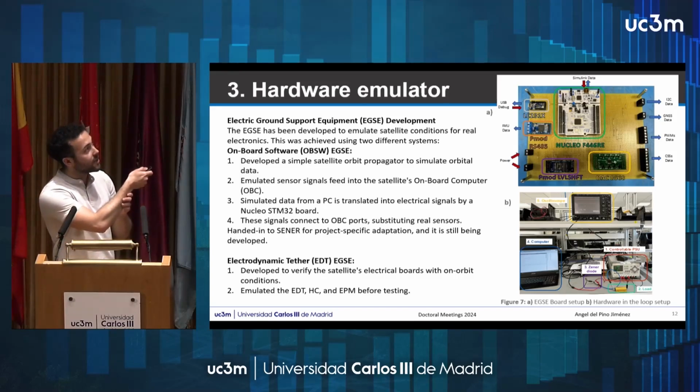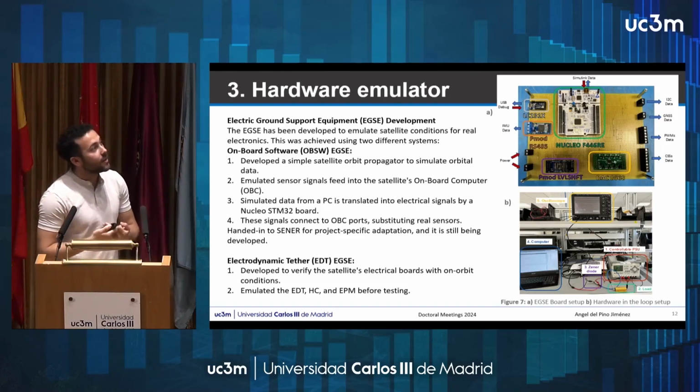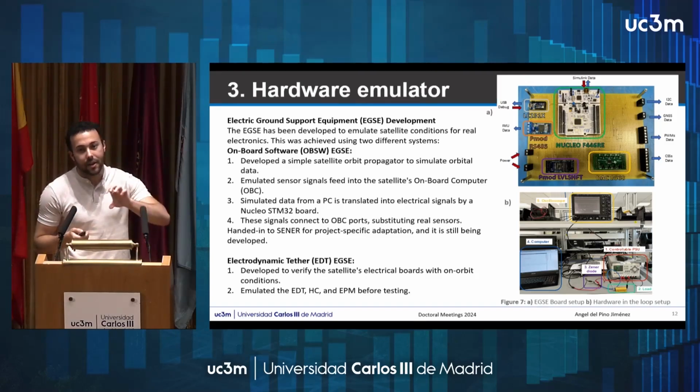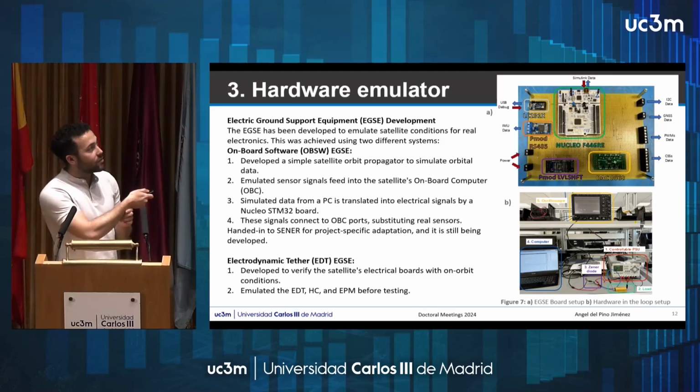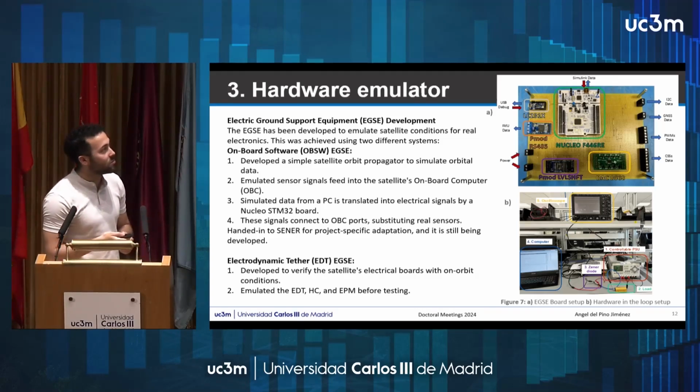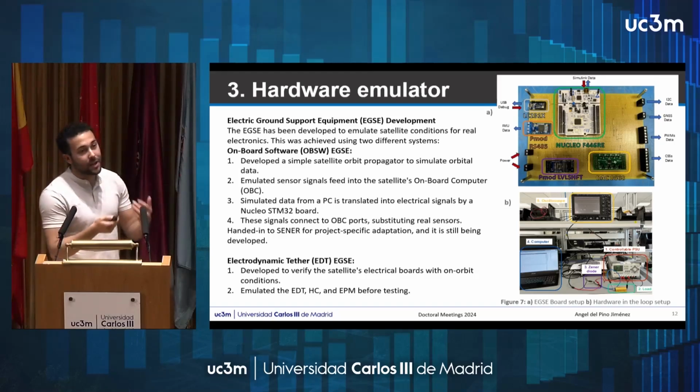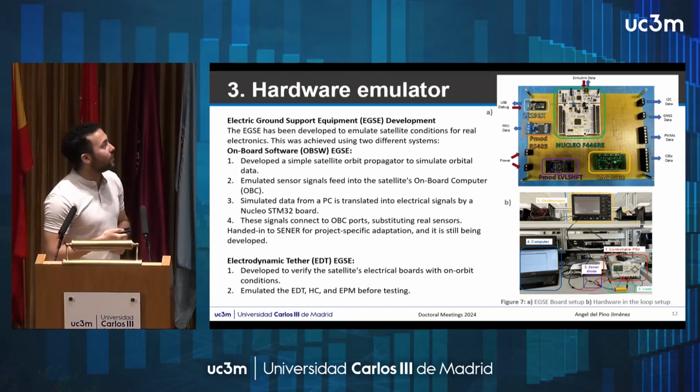So in this picture here on top, you can see how this microprocessor board is emulating simulated data from a spacecraft, and this data is embedded into the real onboard computer that will be on flight. And then afterwards, we have included the electrodynamic tether ground support equipment, emulating as well the electric behavior of the tether.